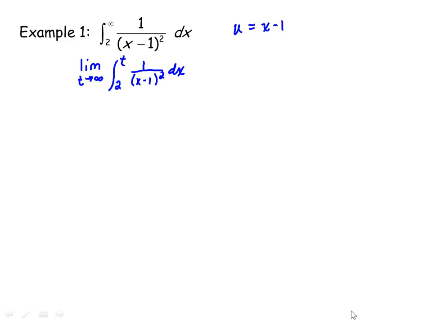And what is du going to be? dx. Is that what we need? Yeah, so we're good. So this is going to turn into the limit as t goes to infinity, which we're not going to touch until the very end, of the integral from 2 to t of 1 over what? u squared du.